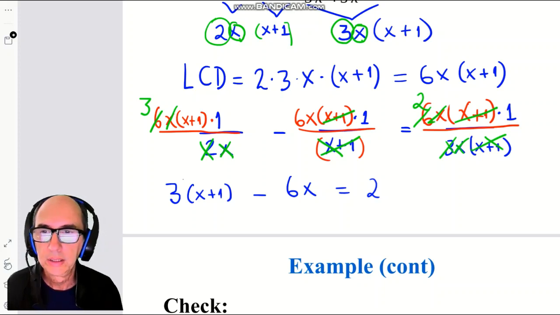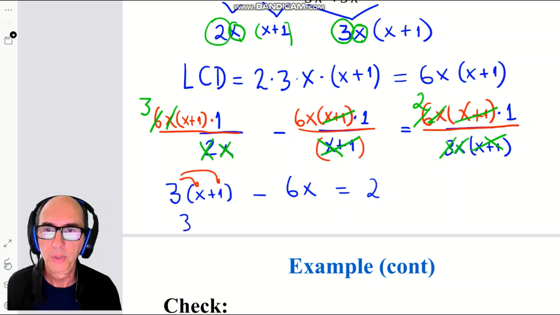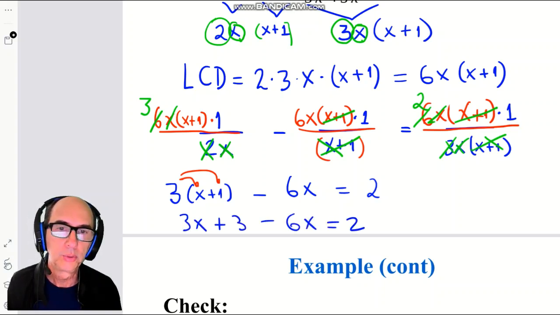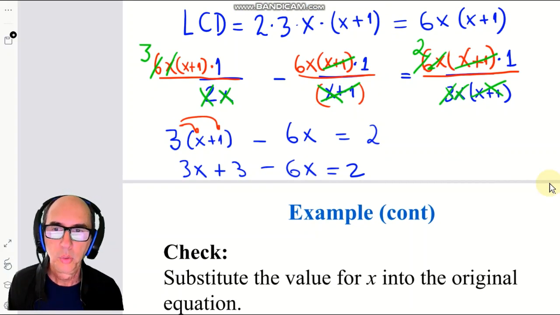So first, distributive property, then you have 3x plus 3 minus 6x equals 2. Next step is combining like terms. We have 3x minus 6x is negative 3x, plus 3 equals 2.